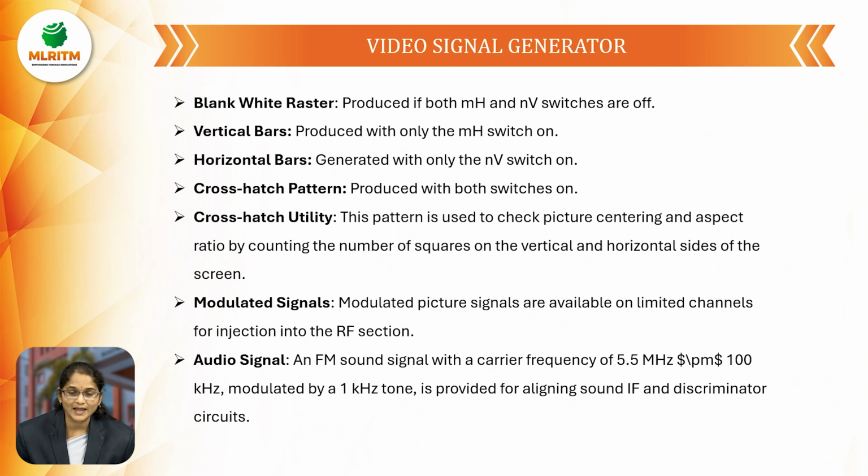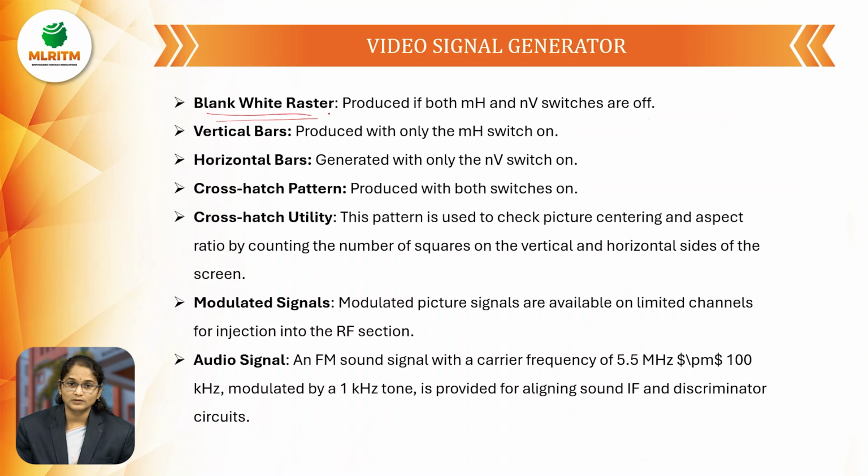What is the blank white raster? Here we are going to produce it when both the vertical and horizontal switches are in off. If both vertical and horizontal bars are in off state, we are going to generate only the blank white raster.